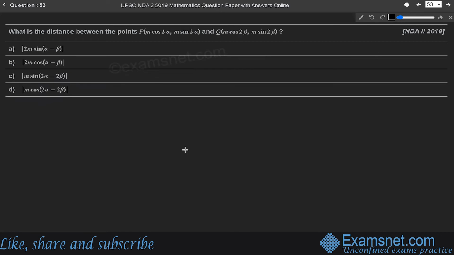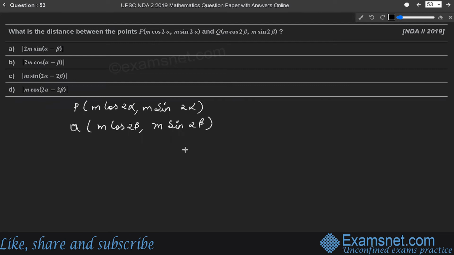Moving on to the next question, what is the distance between the points P (m cos 2α, m sin 2α) and Q (m cos 2β, m sin 2β)?